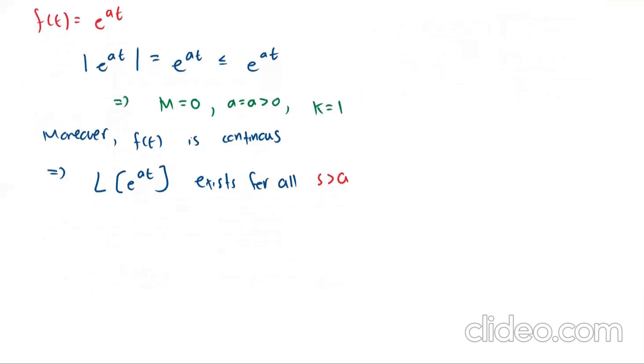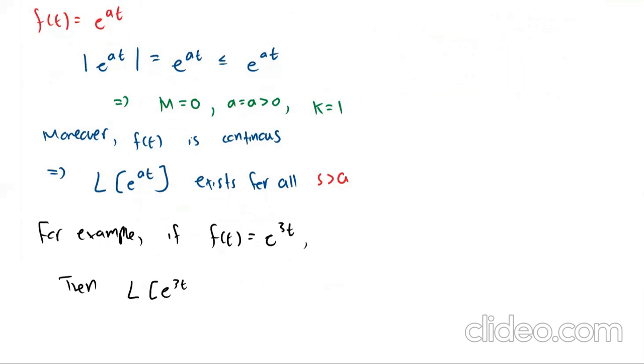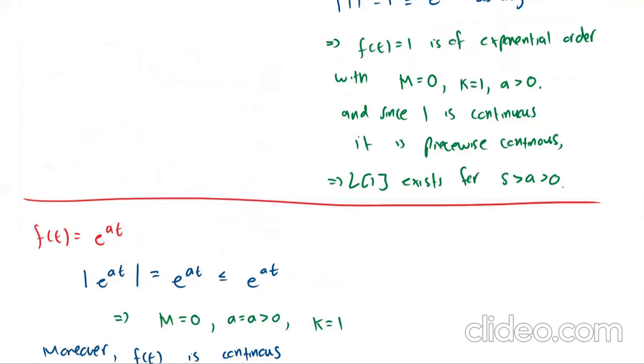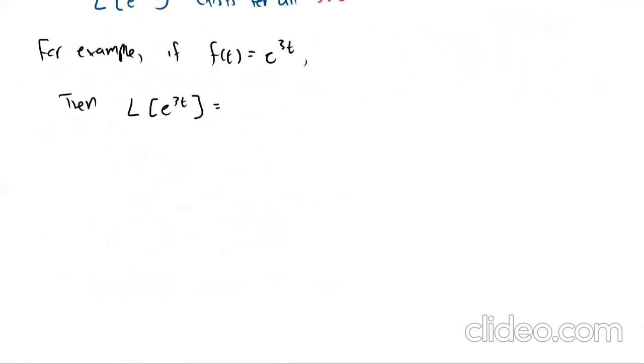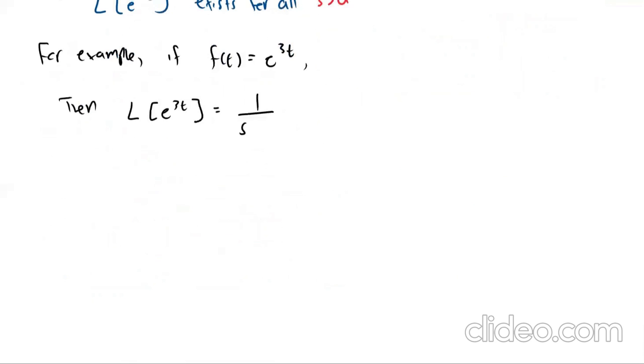Let me write that here as an example. For example, if f of t equals e to the 3t, then the Laplace transform of e to the 3t is going to be equal to, let's look at the formula, 1 over s minus 3 for s greater than 3.